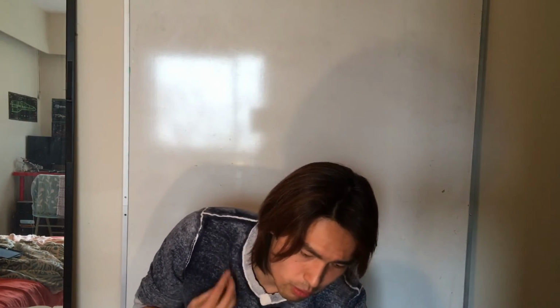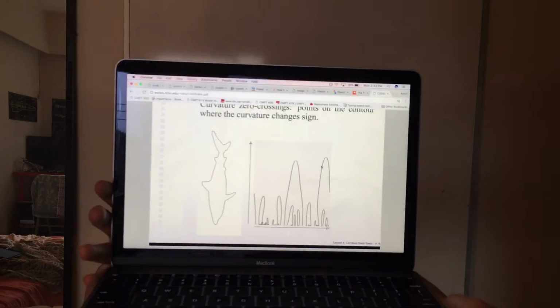That would be a good shape descriptor. In the curvature scale space, we would take a picture and translate that picture into the curvature scale space, which looks like this.